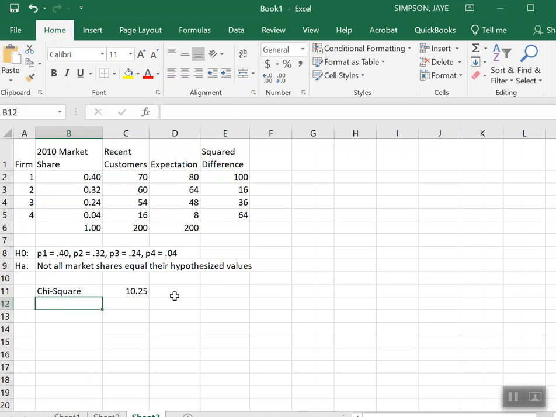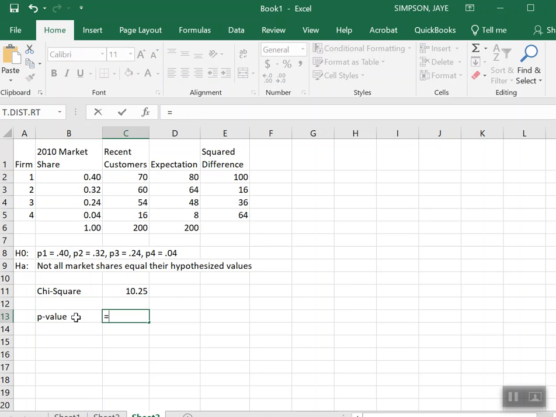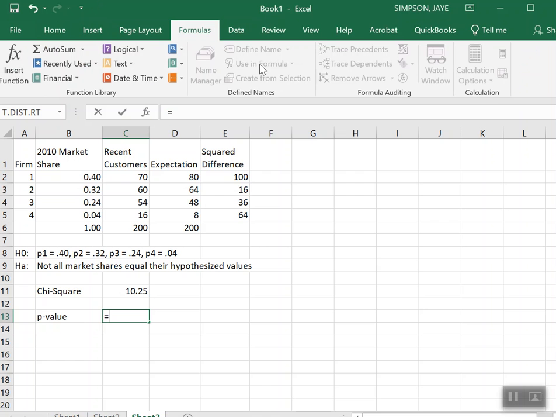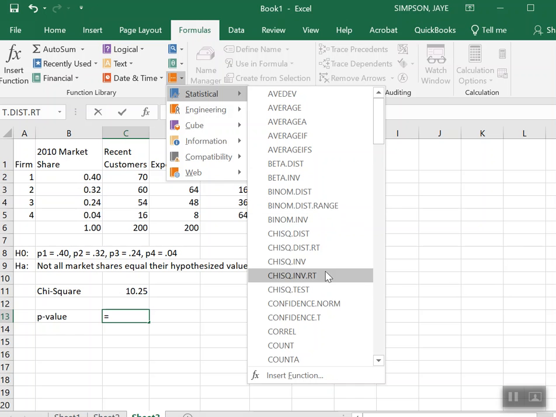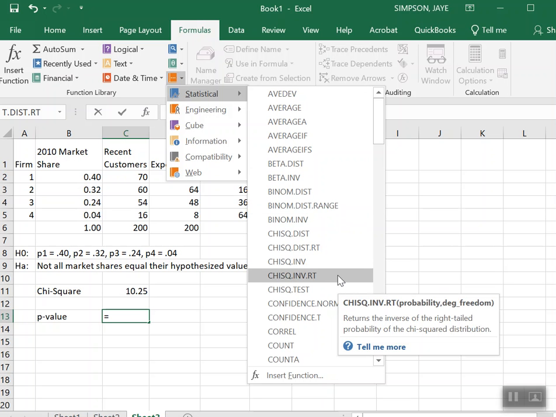And so we get 10.25, which is our test statistic. So we could again look that up in the table, or we can go ahead and just use the chi-square formula. So we're going to calculate our p-value by using the chi-square formula. So again, I'm just going to start typing it in because I know what the formula is. But you know, we can go up here to formulas. We can use statistical. And here we see chi-square, and we notice that there's a lot of them, right?